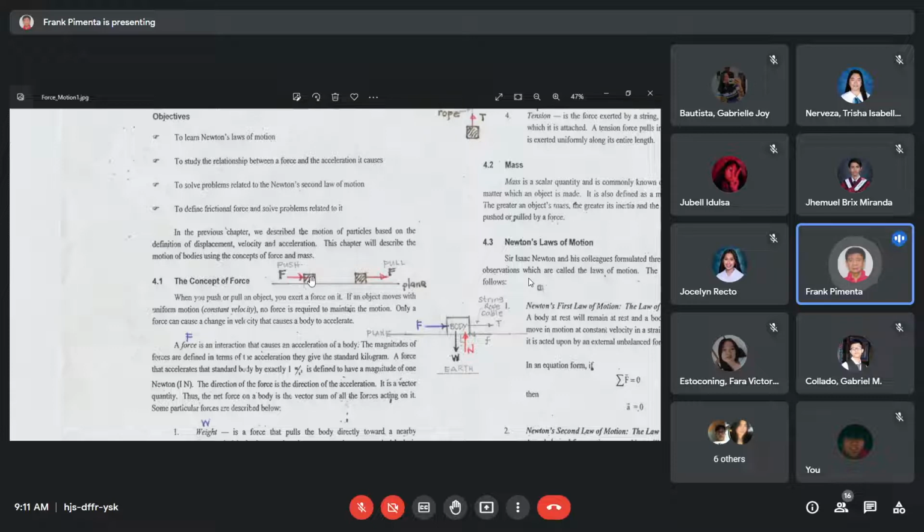Acting on the body means that force must be attached to the body. Because if you push this body and your hand is not touching it, you cannot move it. Also pull. If you do not attach your hand to this body, you cannot pull it. So you can call it a force if it is attached to the body.